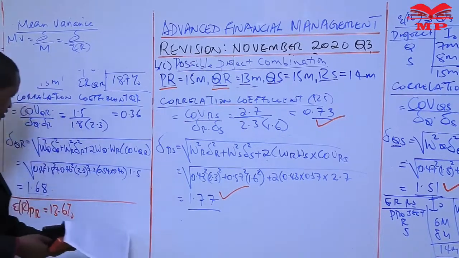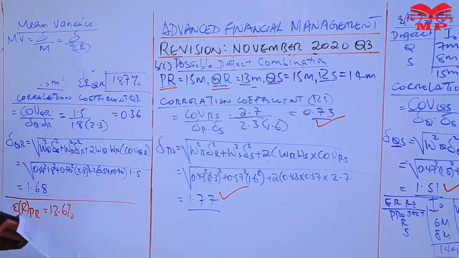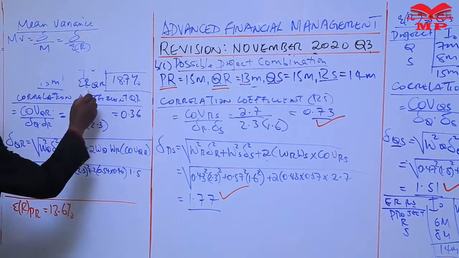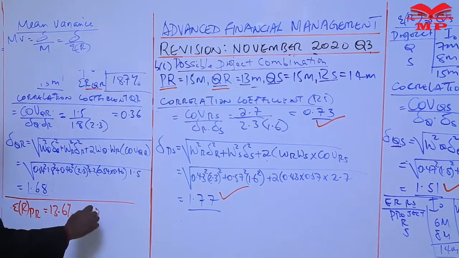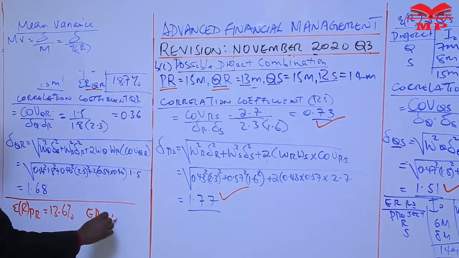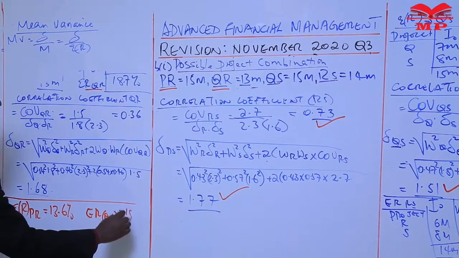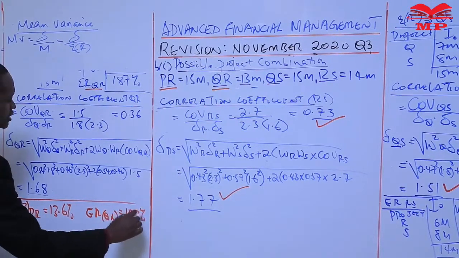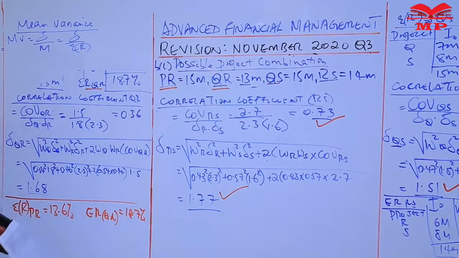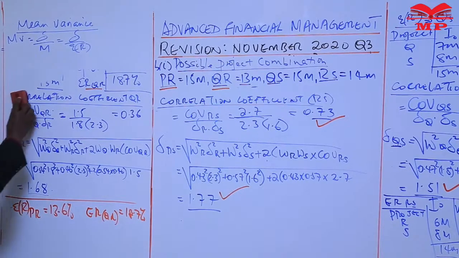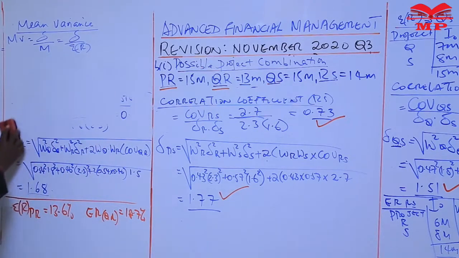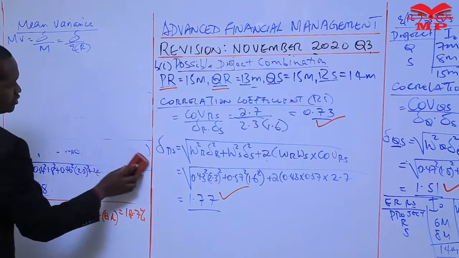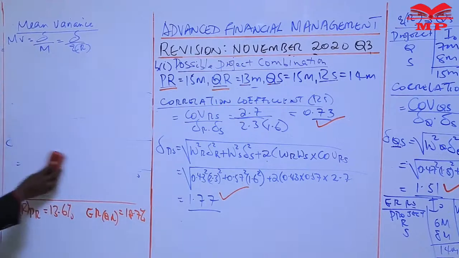And this one here, candidates, 18.7% is the expected return for QR. I'm writing it down there because I want to use this space.